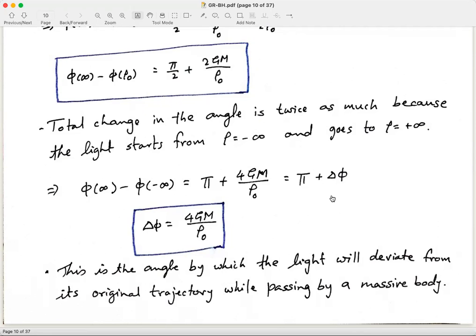We will study gravitational redshift later, but you would notice redshift if light is emitted at some rho value and detected at some other rho value. In both cases here the rho value is very large, so there is no redshift effect that you will see.